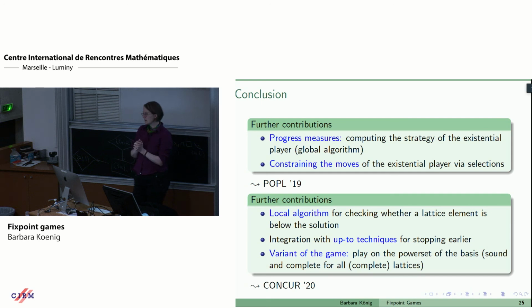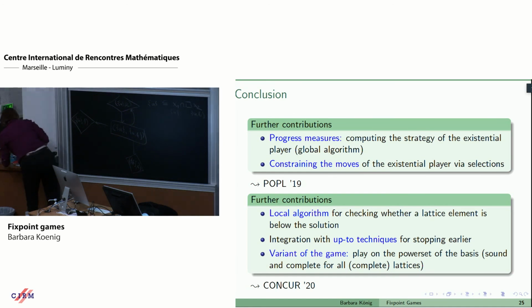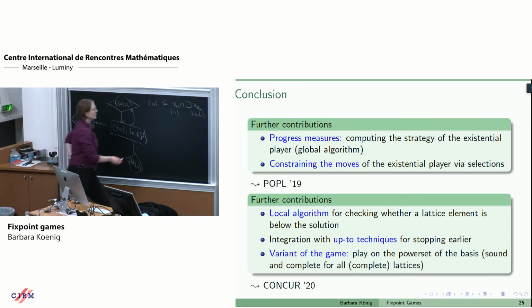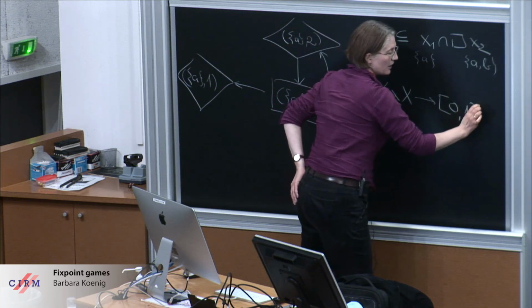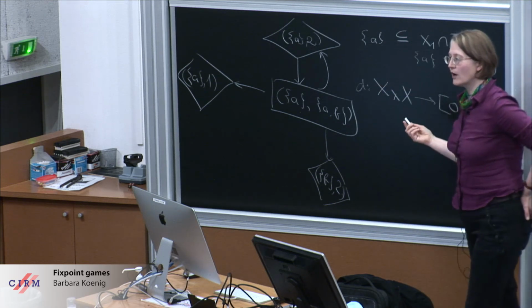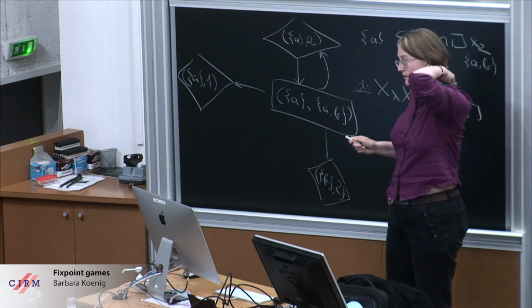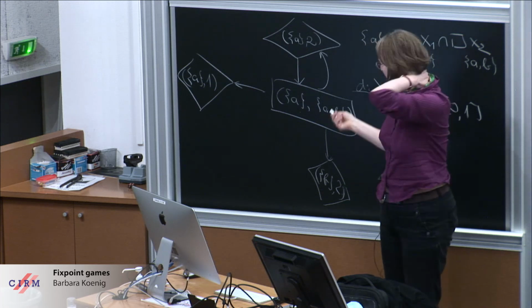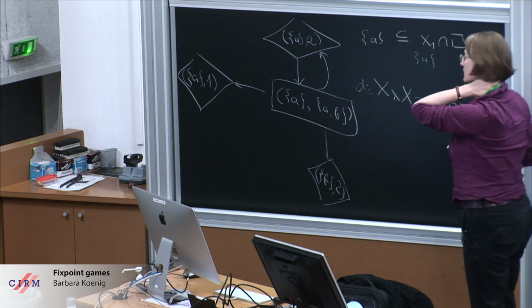So the lattice that you use is just pseudometrics. So functions from X times X, where X is some set, to 0, 1 that are pseudometrics. So the distance of x to itself is 0, the triangle inequality holds, symmetry holds, and this is a lattice, not distributive, but it is a lattice. And then this is also continuous.